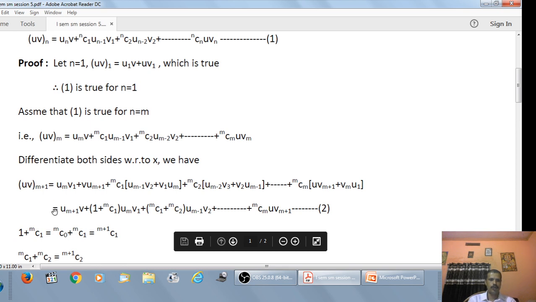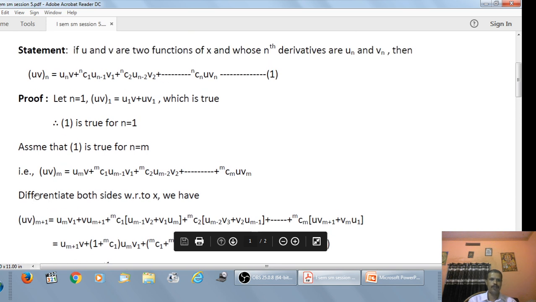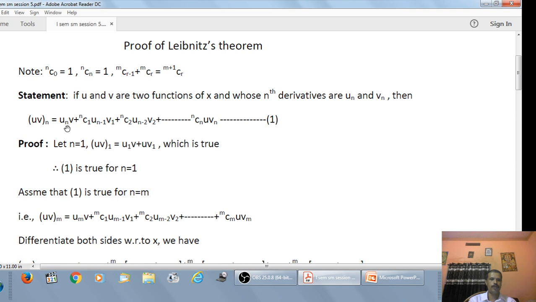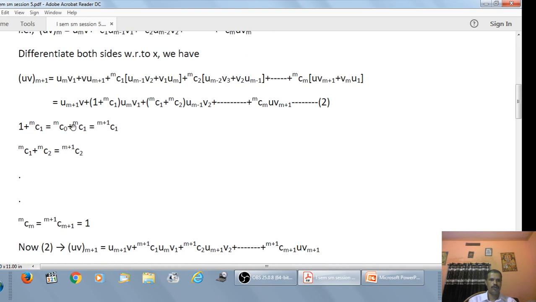Now this is equal to LHS. I already got u v_(m+1). Now in the RHS I should get, when n is replaced by m plus 1, the first term becomes u_(m+1) v. So in this equation, first collect u_(m+1) v.